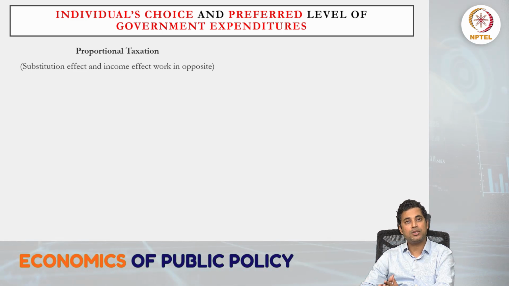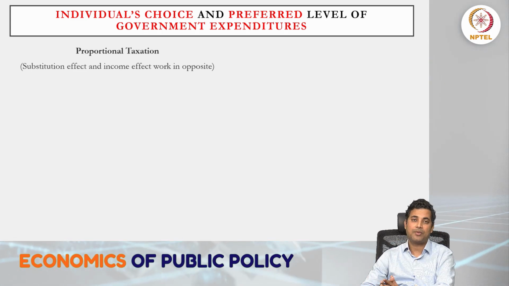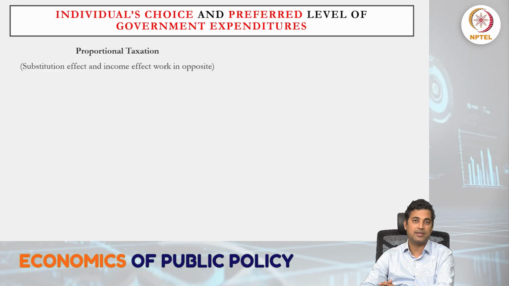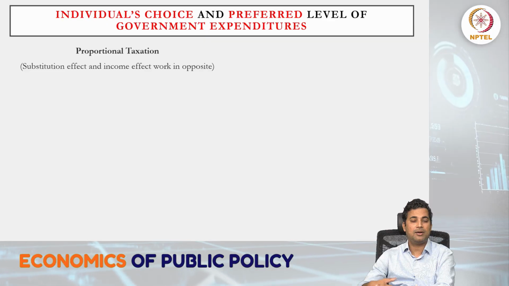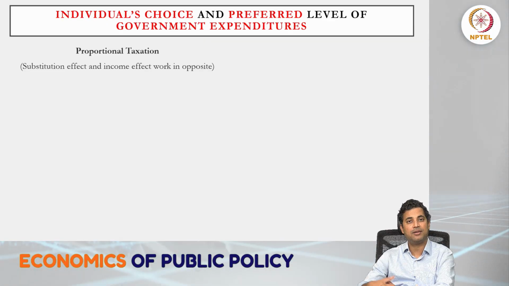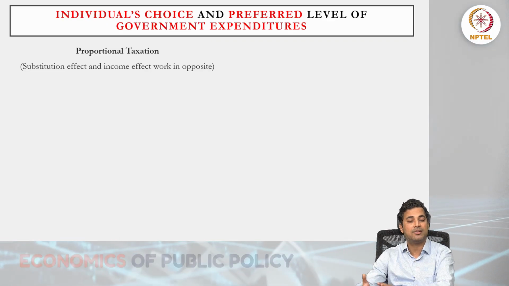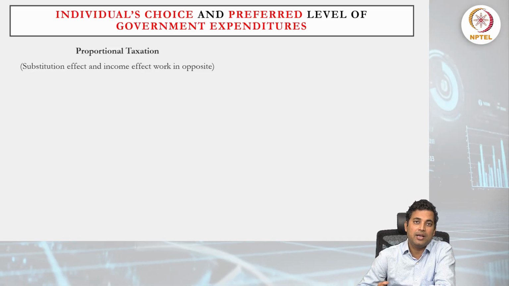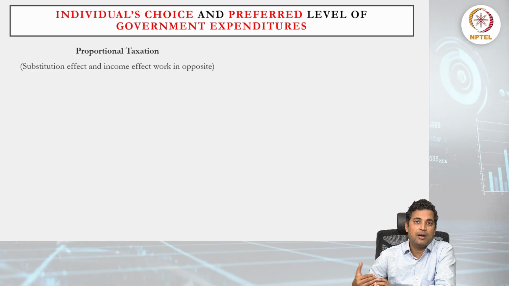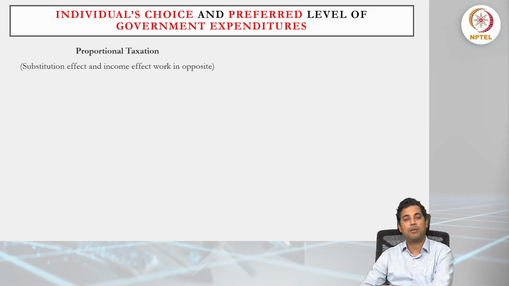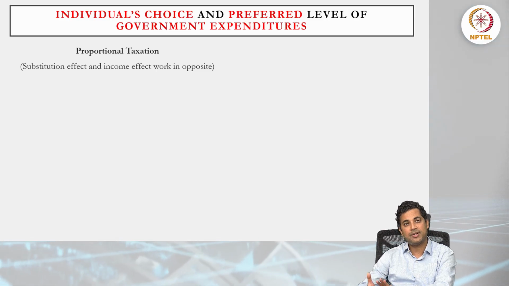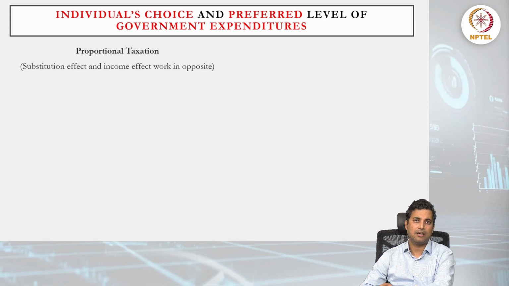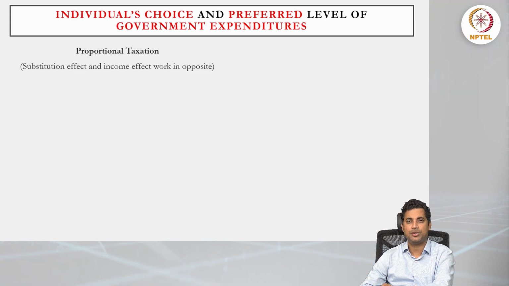The income effect is basically that if I consume more of certain commodities as my income increases, or if consuming any commodity has a relation with income, then certainly that commodity has an income effect. If consumption of that commodity increases as income increases, then it is a normal good, in particular consumer durable goods or luxury goods.